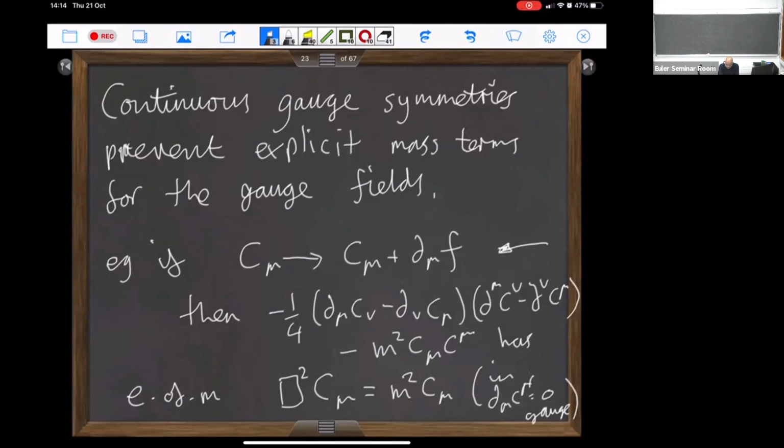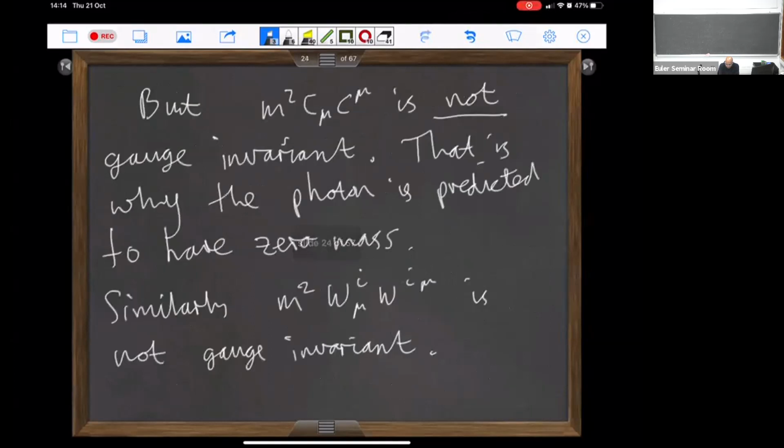But obviously, A mu times A mu is not invariant under the gauge transformation. So if you impose strict gauge invariance, then m has to be 0. And that's why the photon is predicted to be massless, which I think we discussed before. Similarly, you can't write down, for example, a mass term for the W bosons because of gauge invariance, the same argument.